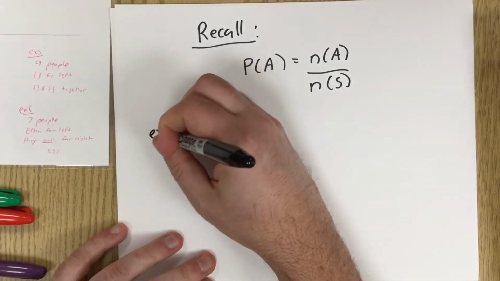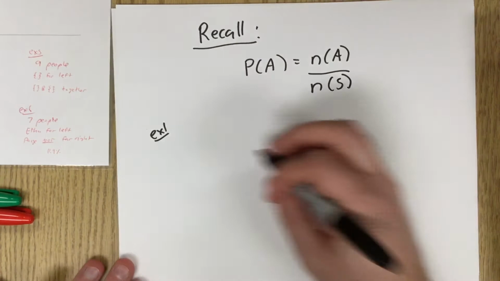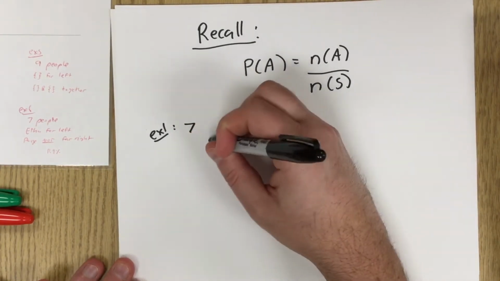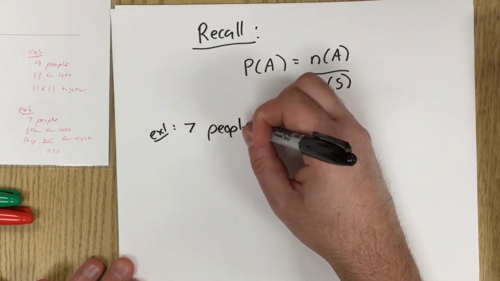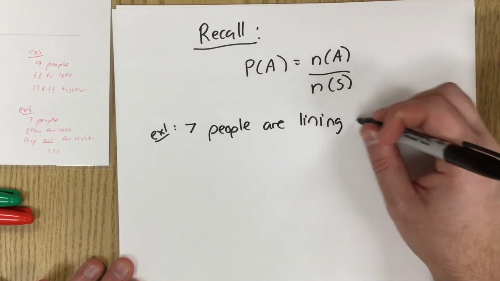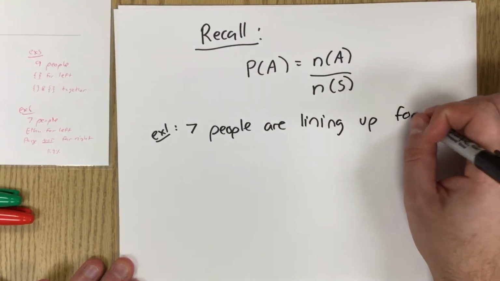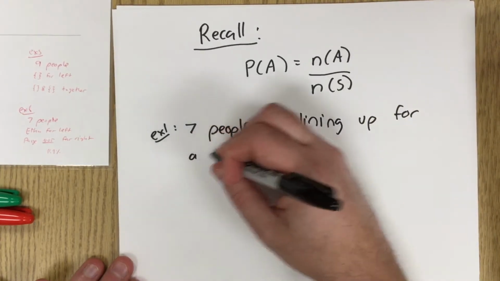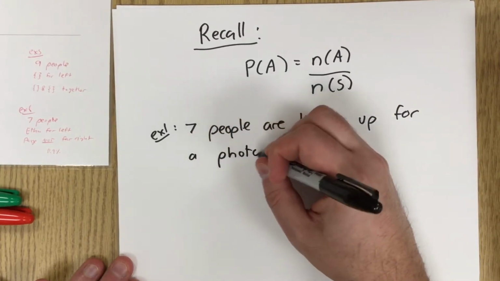So, example 1. So 7 people are lining up for a photo.